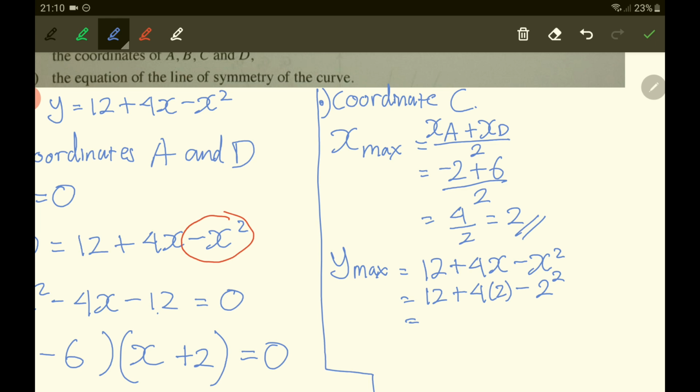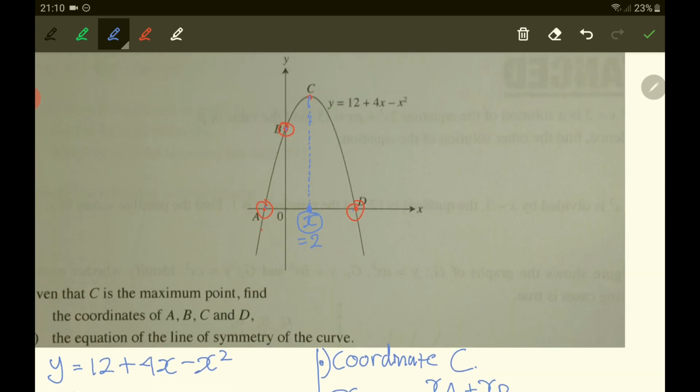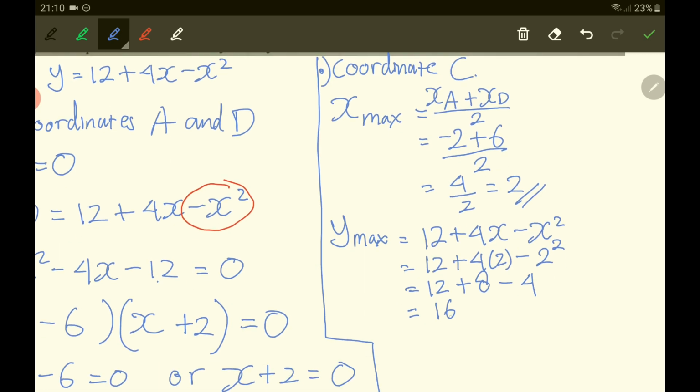So we have 12 plus 8 minus 4, and we get 16. So the y maximum is equal to 16.